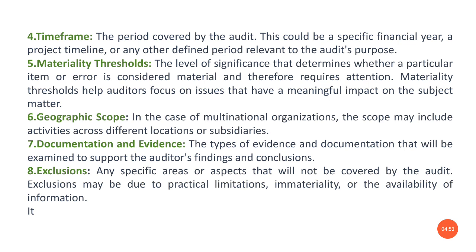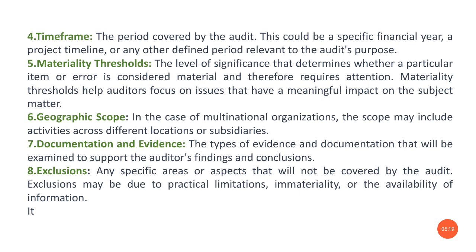5. Materiality threshold. The level of significance that determines where a particular item or error is considered material and therefore requires attention. Materiality threshold helps auditors focus on issues that have a meaningful impact on the subject matter. 6.